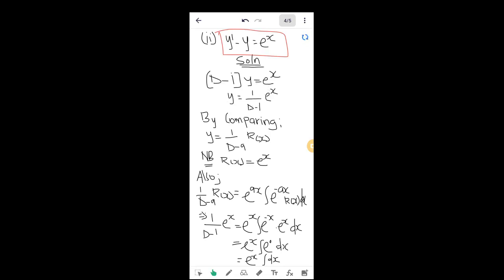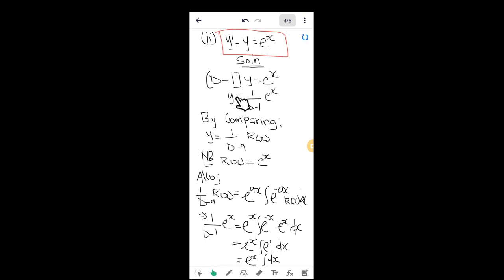The D here stands for my y prime, that's the first derivative, the first order, minus the coefficient of the y, which is 1. Then we operate it on a dependent variable, which is y, which is equal to e exponent x.